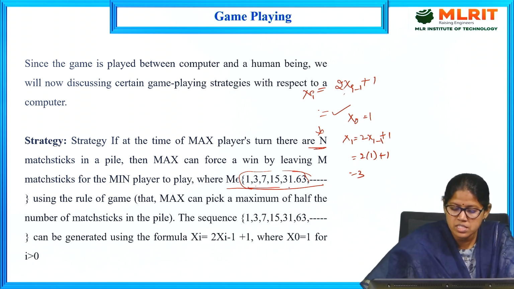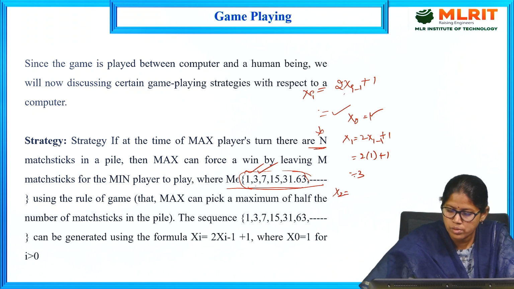So first, when x equal to 0, it is 1. Next, the sequence is 1, 3. If x equal to 2, 2 into 3 plus 1, 7.